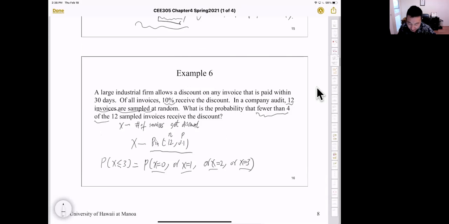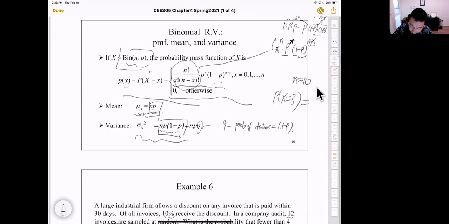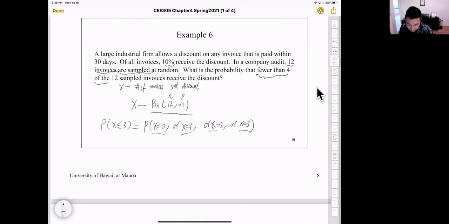Based on the PMF, you just plug in n equal to 12, and x depending on the number. For example, P(X = 0) plus P(X = 1), P(X = 2), P(X = 3). I'll just show one example.